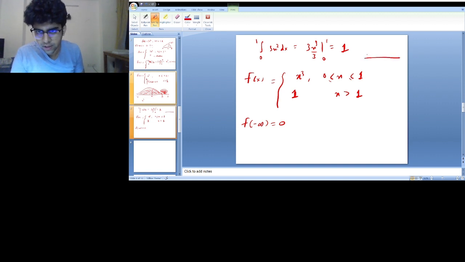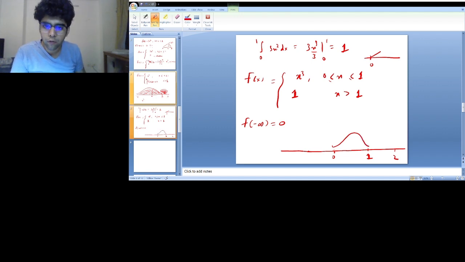For example, let's just see this. Let me just draw this here. So this is 0, this is 1, and for example this is 2. So this means that this is my area. I only have a PDF defined over the limit 0 and 1.